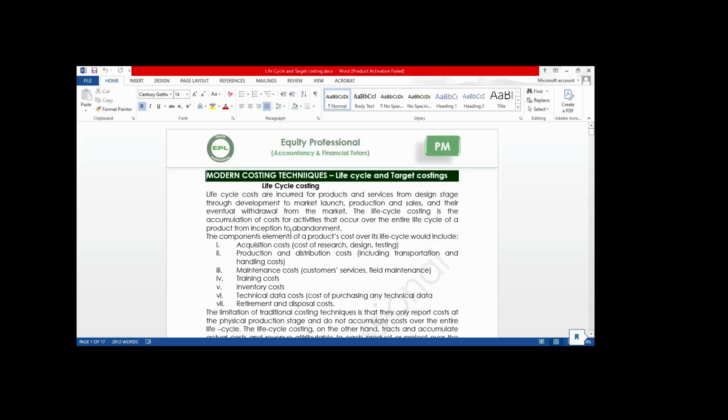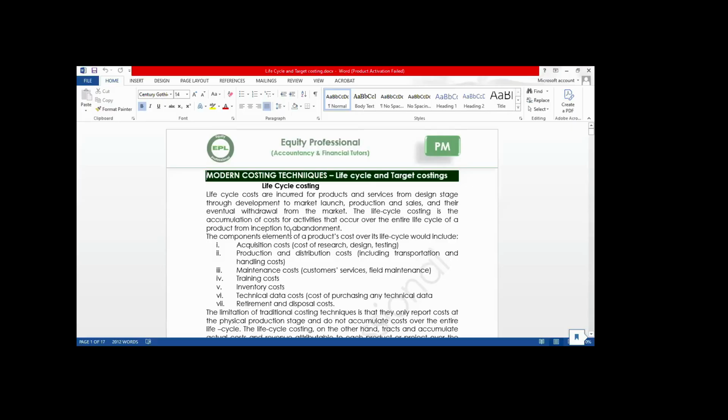After you are done with the market testing, you now go into actual production. After production, you go into distribution and sales. After so many years of sales, the product will be withdrawn from the market. That is the concept of life cycle.